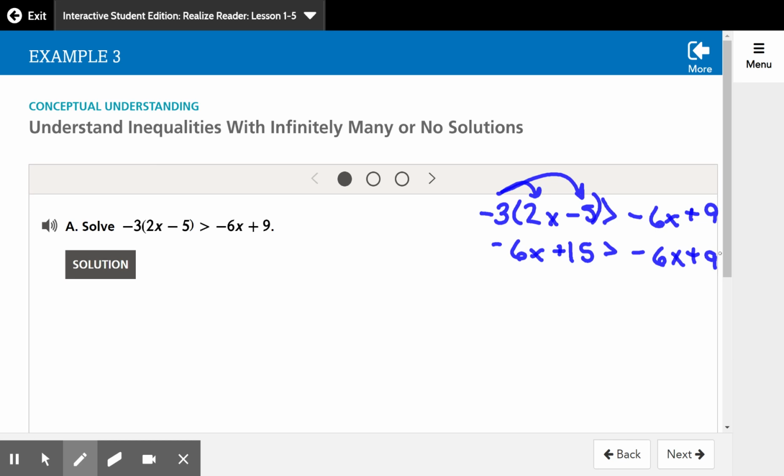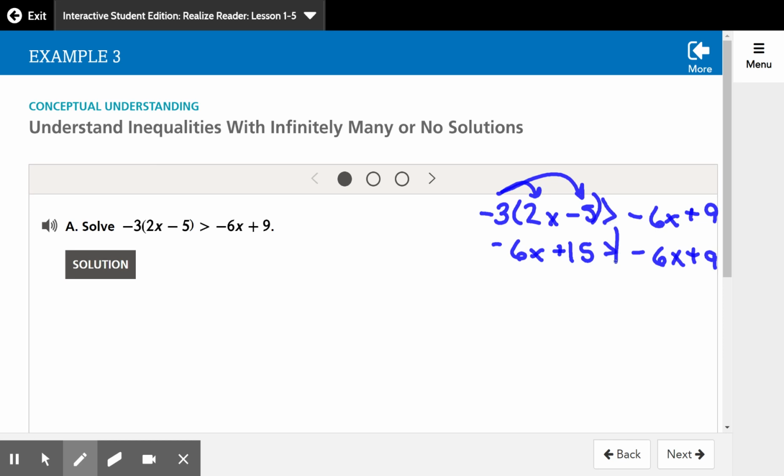The reason is that I did not multiply by a negative on both sides. That's key. If you multiply by a negative on both the left and the right, then that greater than would become less than. But since I just distributed it on the left, we're fine. It stays a greater than symbol.